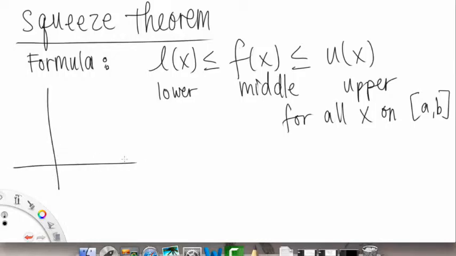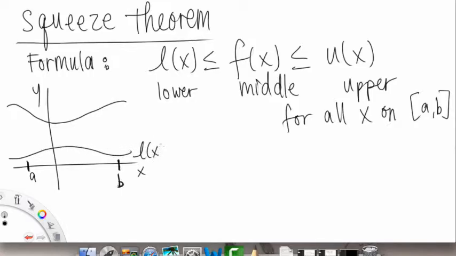So here's a pictorial diagram of what I'm talking about. From A to B, and A could be negative, B could be negative or positive or whatever, just some interval on x, then let's say we have an L of x. Here's our L of x down here, because this is the lower one, right? And then here's our upper function, and here's our f of x. It kind of just rides in the middle there.